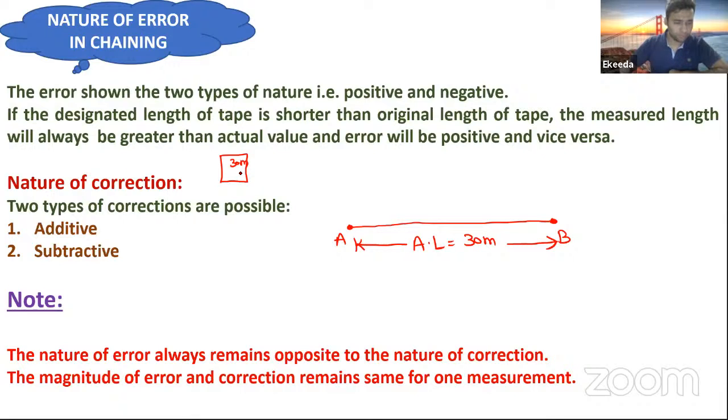Just tell me. What is the maximum capacity of this tape to measure any length? कितना मेजर कर सकता है मैक्सिमम से मैक्सिमम, ये बताइए. If 30 meter is written on the tape, then what is the maximum limit of length which is measured from this tape?